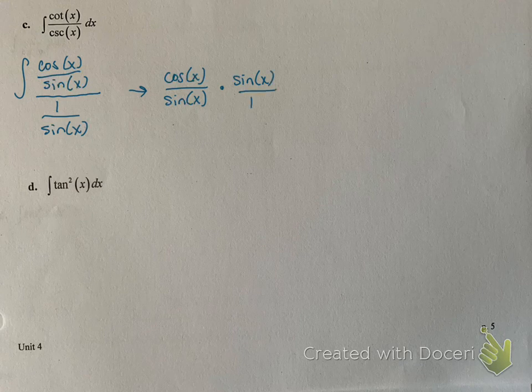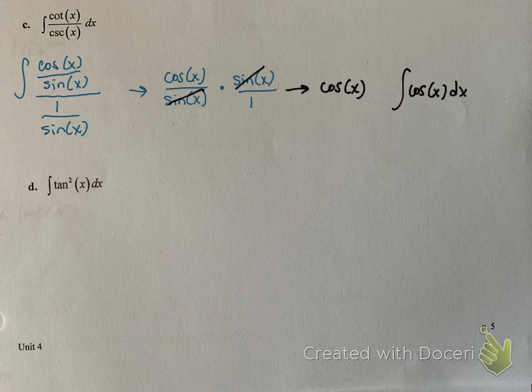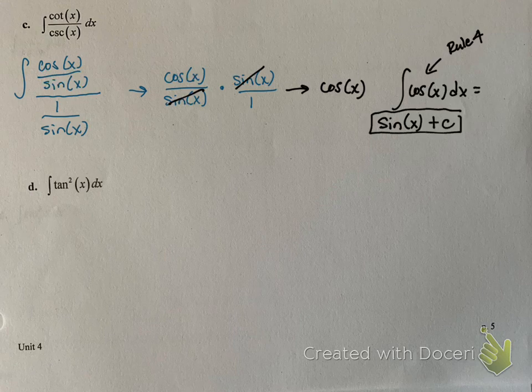So the sines will cancel each other, and I'm left with just cosine x when I simplify it down. Now I'm good to go, because if I take the integration of cosine x dx, I can look at one of my rules, which is rule number 4. So the integration of cosine x dx equals sine x plus c. Okay? All right.